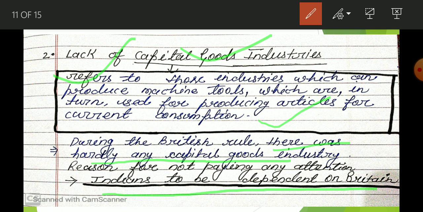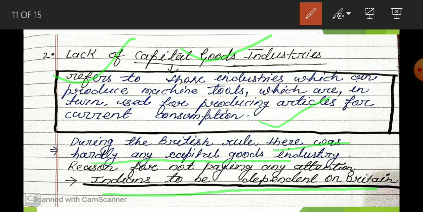They only wanted India to remain a market. They did not want Indians to be able to produce goods themselves, so they made no serious attempt to establish capital goods industry.